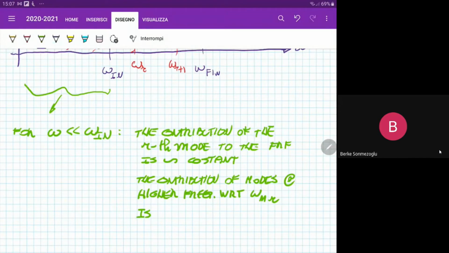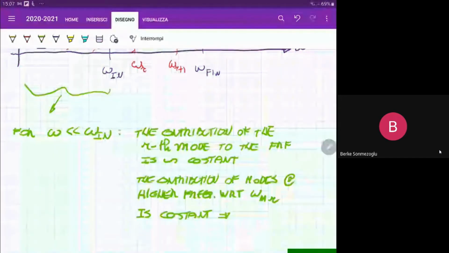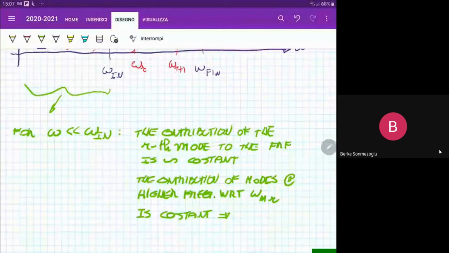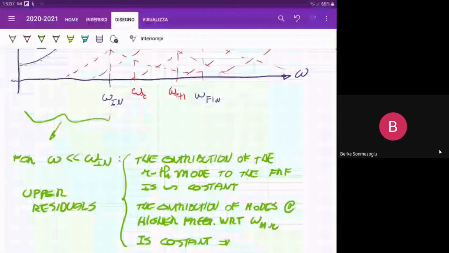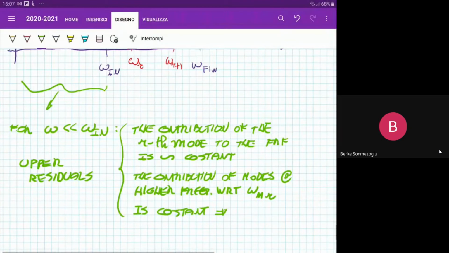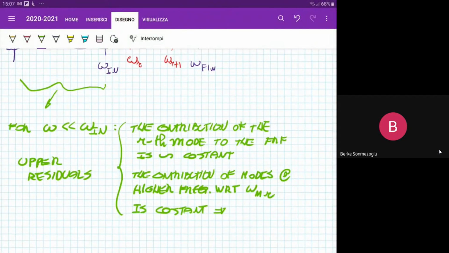Constant. And these contributions are called upper residuals, because they are the contribution, once again, of the modes that are acting at higher frequency with respect to what we are considering, for example, the initial one.